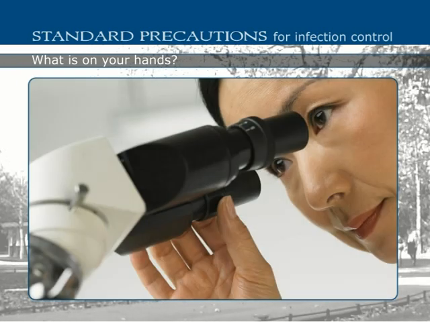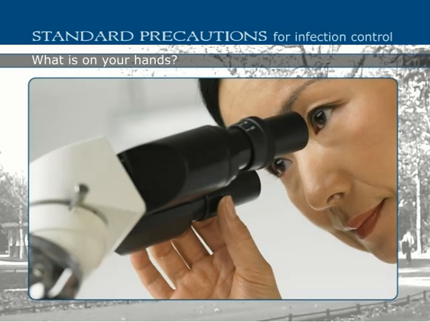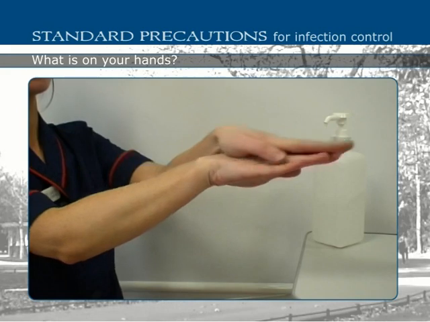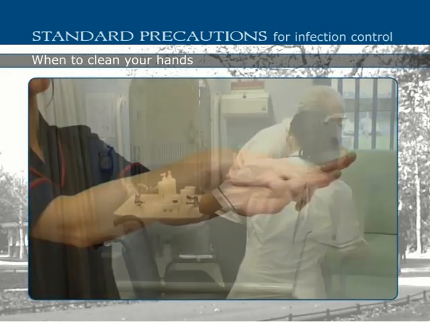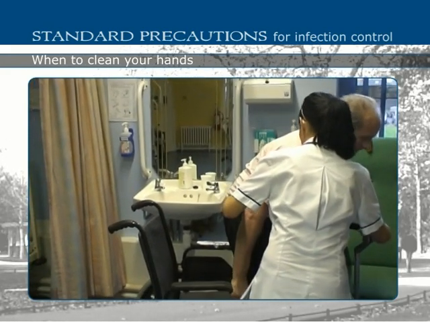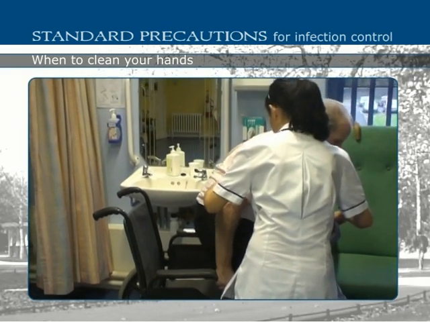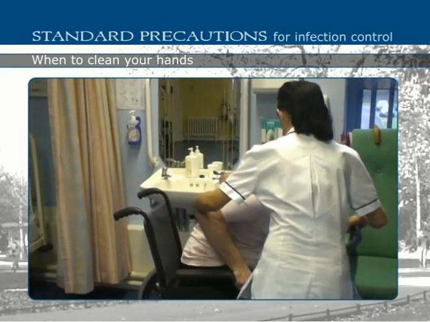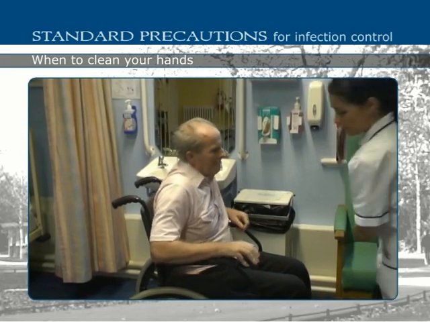Remember, these are not visible to the naked eye, but can be easily removed by carrying out the correct level of hand hygiene. You should clean your hands before and after every physical contact with a client, and after every time you have completed a task.